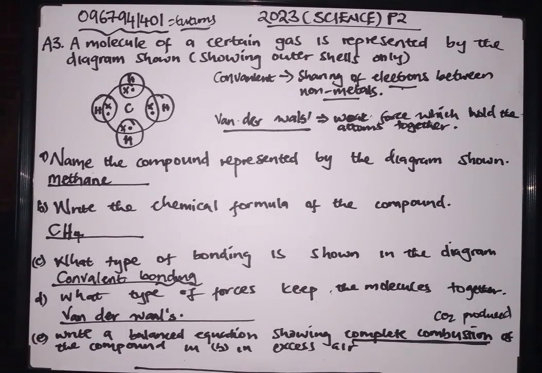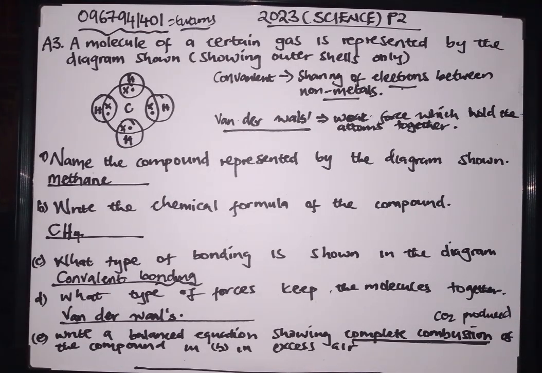Whenever they tell you incomplete combustion, remember one of the products should be carbon monoxide. So in incomplete combustion we have carbon monoxide, and in complete combustion we have carbon dioxide. Then combustion: whenever you hear the word combustion, remember it's oxygen.